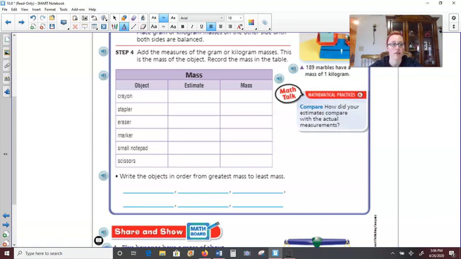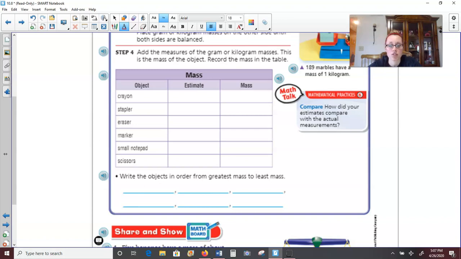So I'm not thinking of a notebook that we use for our writing or a math notebook or anything. So when we look at these objects, most of them we would measure in terms of grams, because none of them are very large, we can tell that they're not very heavy.